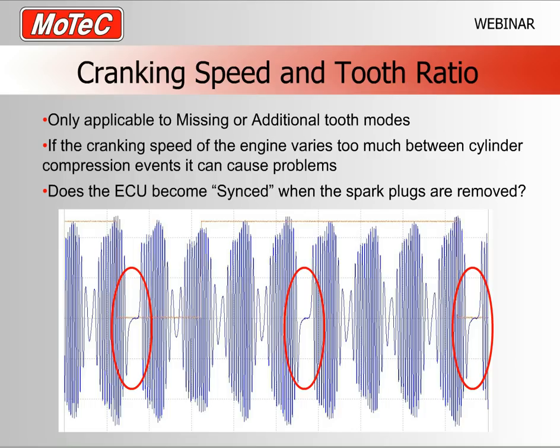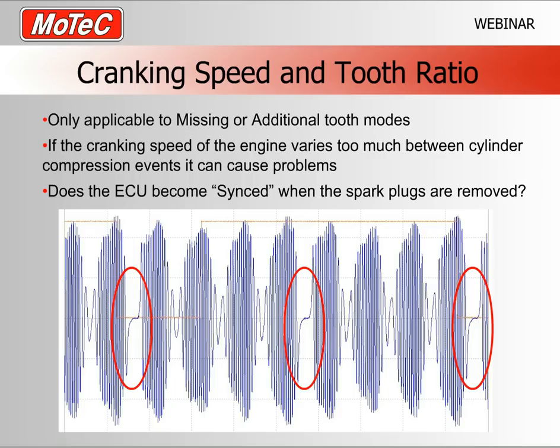You can see that as the engine cranks, it comes up onto compression, the crank slows down, so therefore the magnetic output gets lower. Now, in amongst that somewhere, I've circled them in red, the ECU has to decide, okay, well, where are the missing teeth? So this is a 36-2 crank trigger. So it's basically saying, well, I need to be able to see these missing teeth.